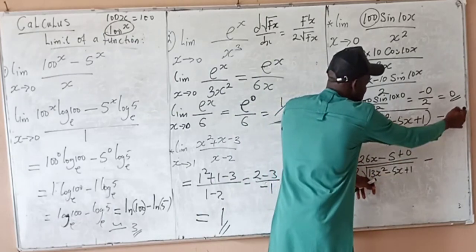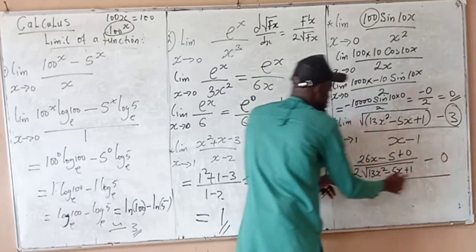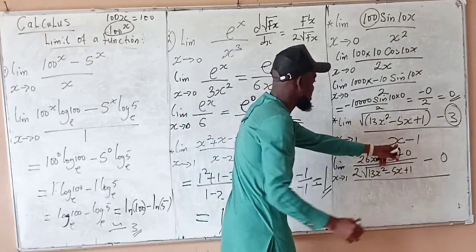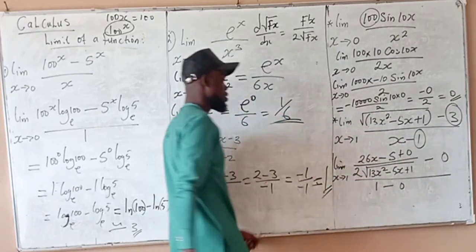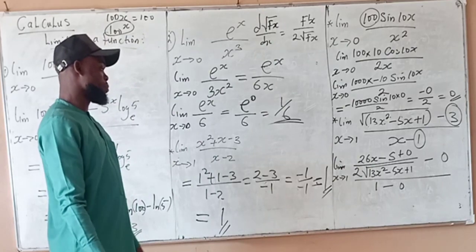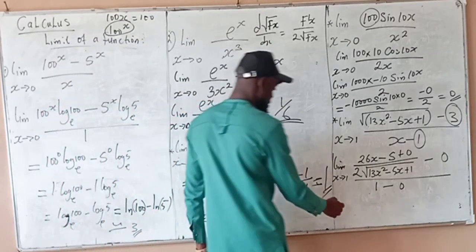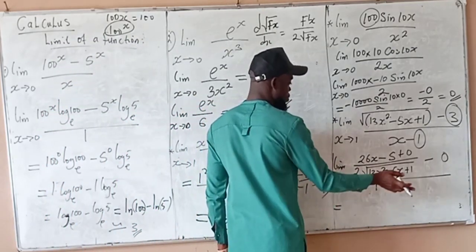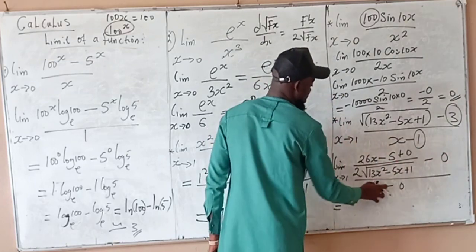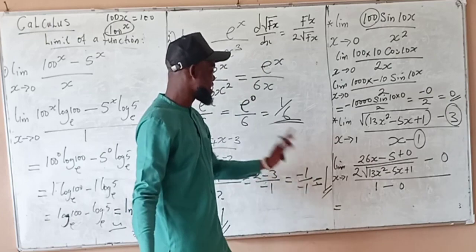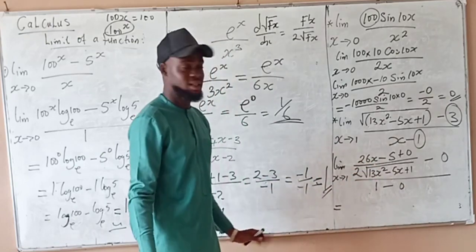Then differentiating 3, that's why I say 0 over differentiating x, we have 1, differentiating 1, that's why I say 0. So let's see this now. We're going to put in 1, and we have it. So everything here will just go, because 1 and 2 is over. So the rest out here will be this.